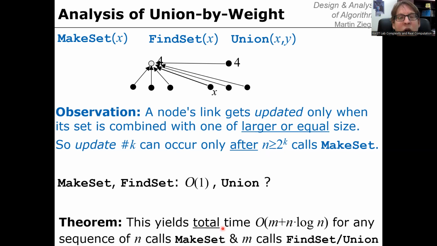According to our amortized analysis, or if you like, according to the bank account metaphor, we can use these 2 to the K calls to make set to build up a financial buffer of size 2 to the K, charging $1 extra for each call to make set on top of the constant cost.